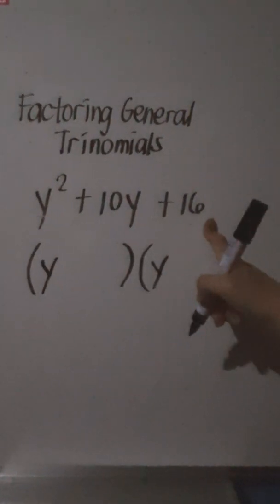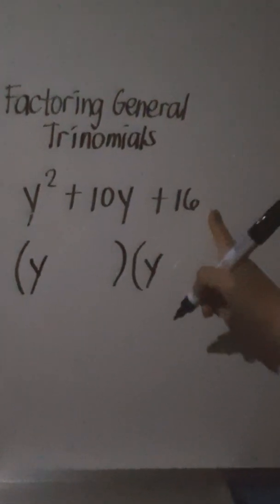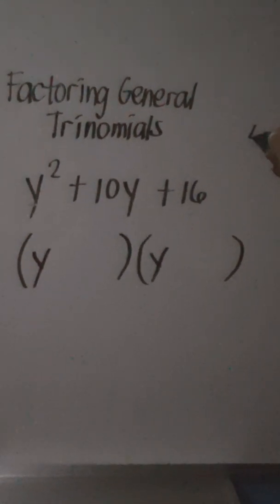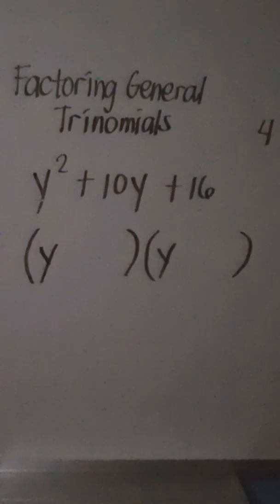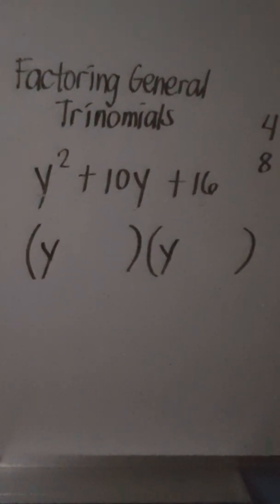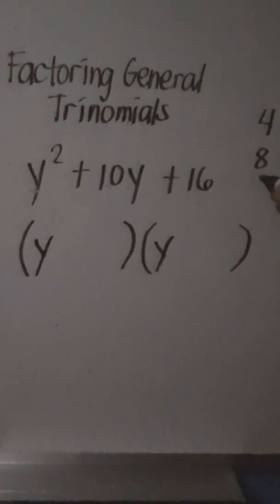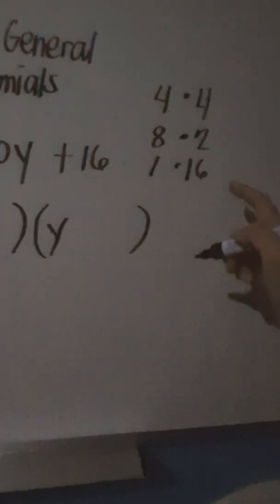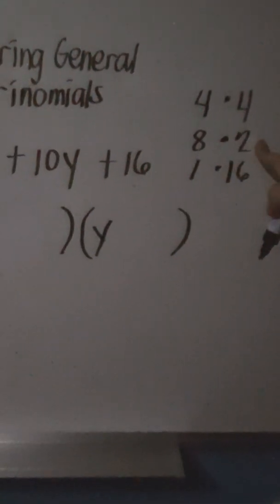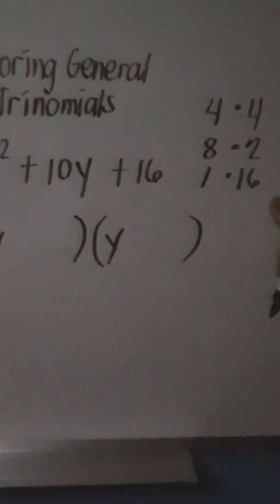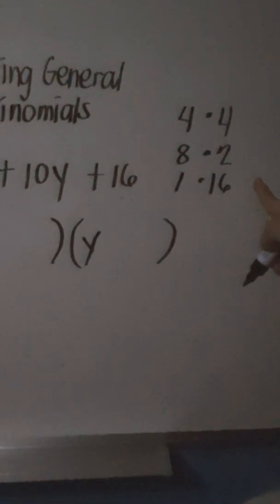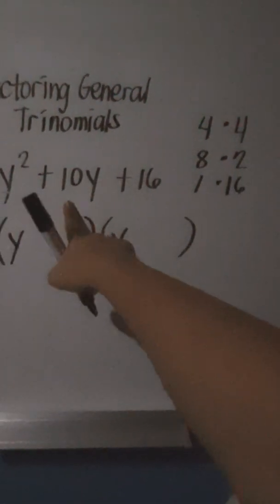Now, let's go to 16. What are the factors of 16? So, the factors of 16, if we list it down, we have 4 times 4. We also have 8 times 2 and 1 times 16. If we analyze which among the three, kung atong i-add or minus, ang makakuha tag 10.